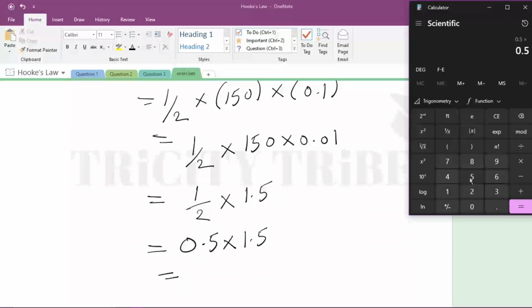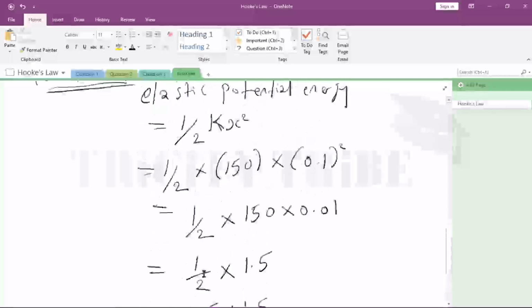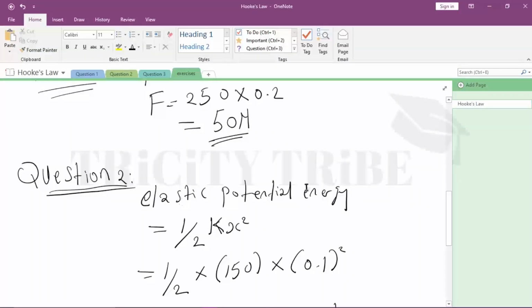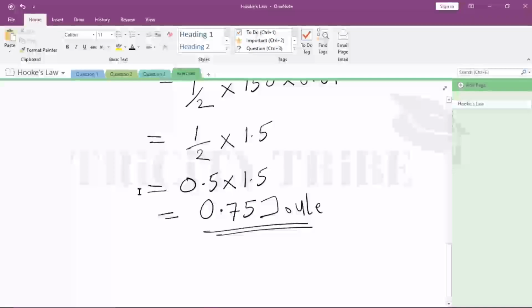Multiplied by 1.5, that's 0.5. Now, we were told to calculate the elastic potential energy, and energy is measured in joules. So the unit is joule.